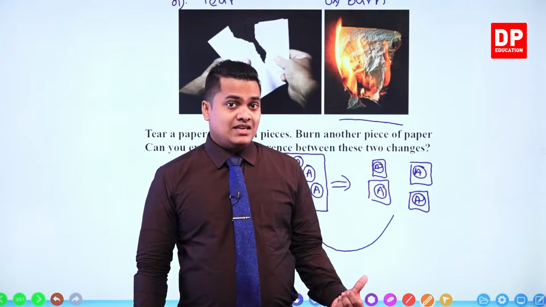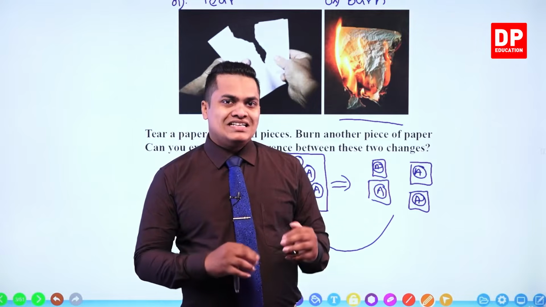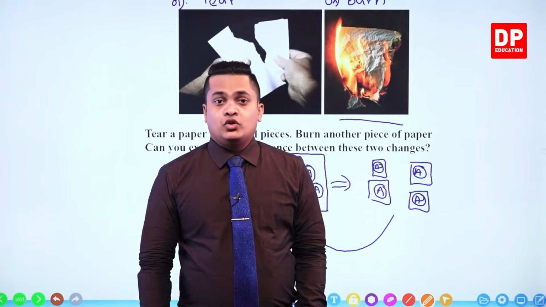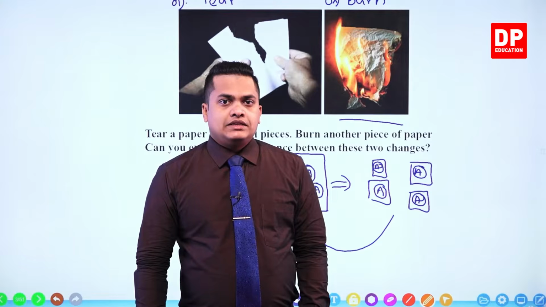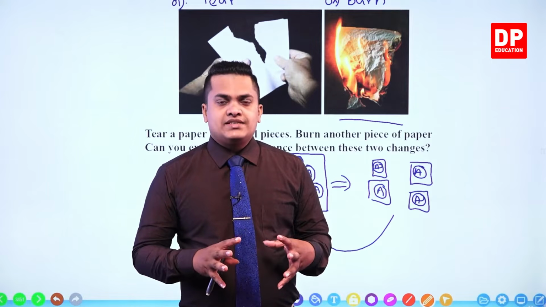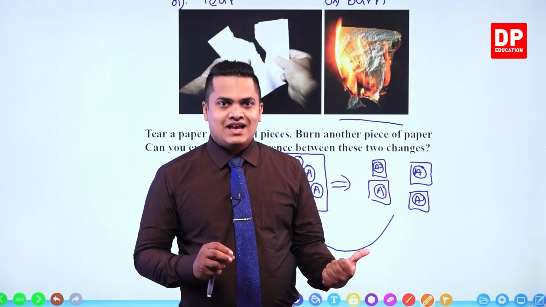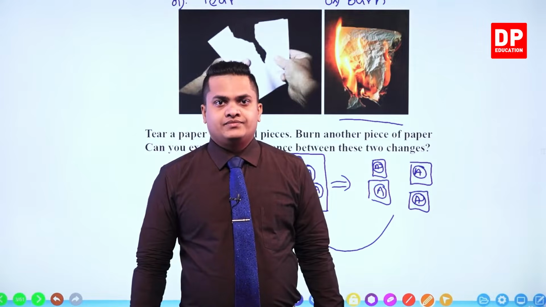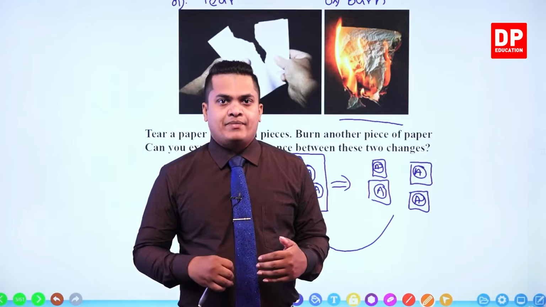So that is a state change. Even though the ice is going to turn into water, in both instances we can observe water, but in the first instance as ice, in the second instance as liquid water. So here a state change has happened.